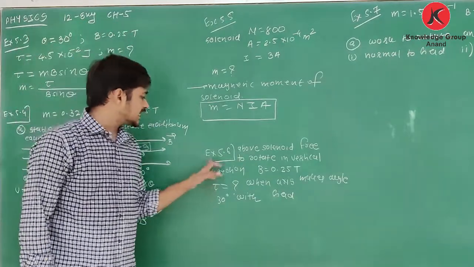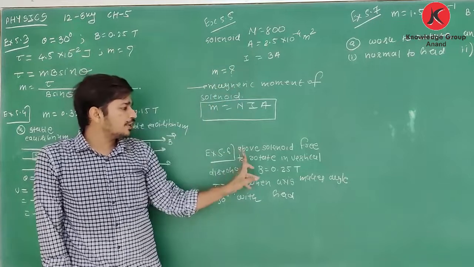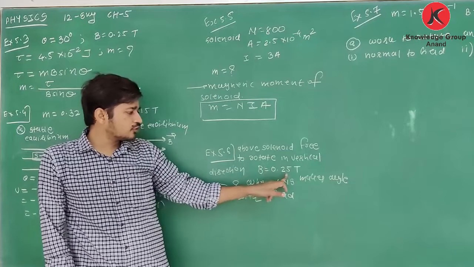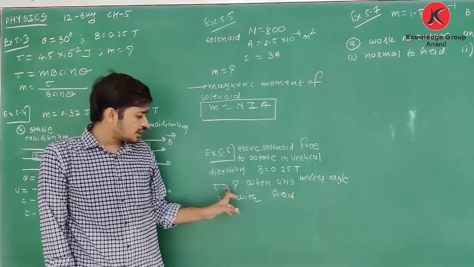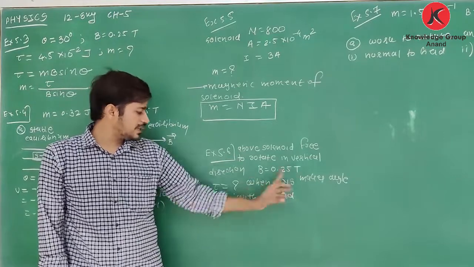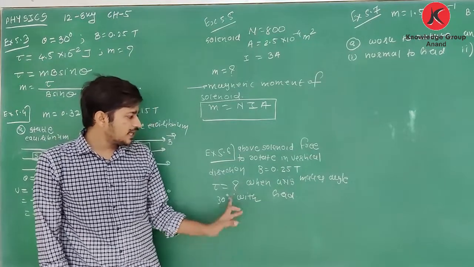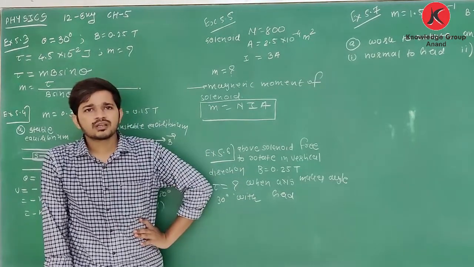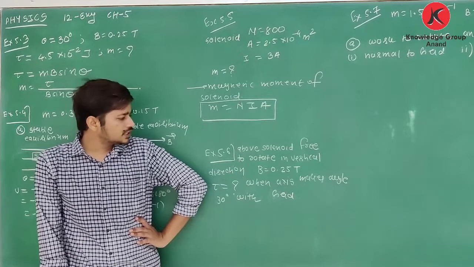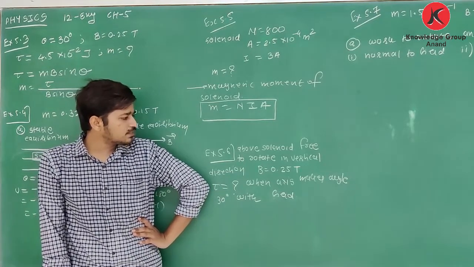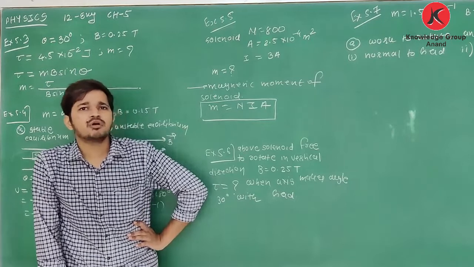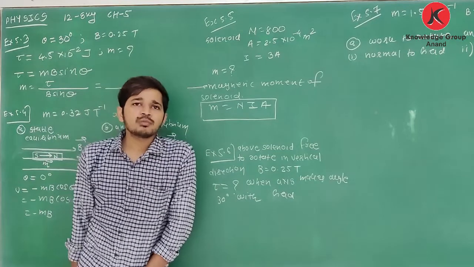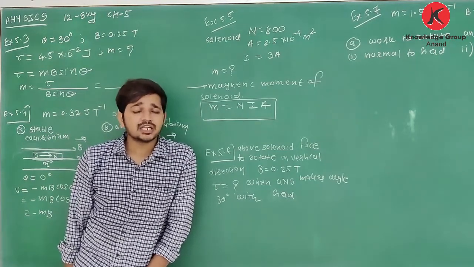Now the next one is exercise 5.6. If the above solenoid is free to rotate in a vertical plane having uniform magnetic field B equal to 0.25 Tesla, you have to find the torque acting when the axis makes an angle of 30 degrees with the field. Clear about this? You have to find the magnetic moment. We know the magnetic moment of a solenoid is along the axis.